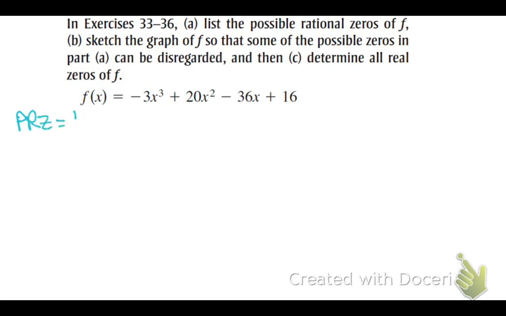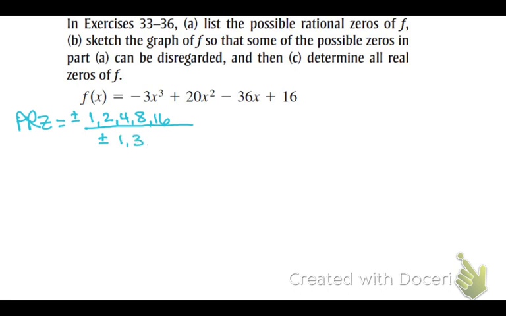So plus or minus, what's the numerator? 1, 2, 4, 8, 16. Okay. Denominator? 1 and 3.